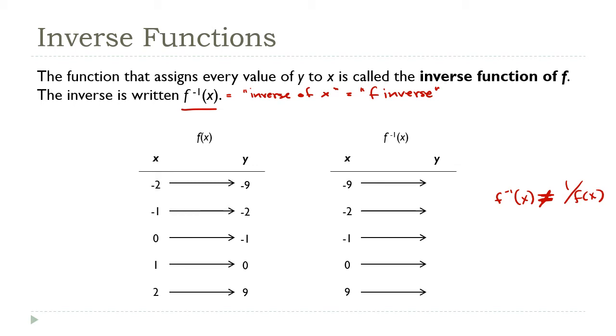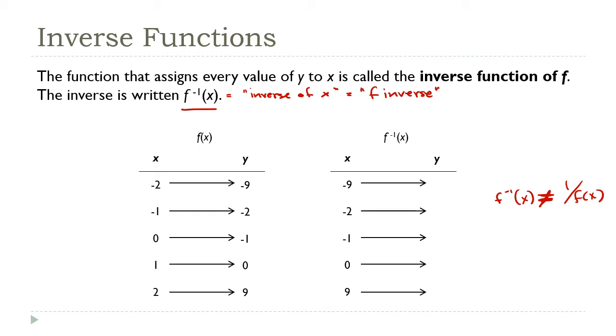All right, so let's see how this works with some numbers. I have a function here. Again, we'll do some with formulas in a little bit. We're going to get to that. But for now, just to keep things down to an easy to work with scale, I'm doing these with these tables. So the original function f assigns -2 to -9, -1 to -2, and so on. So my question here is, what does the inverse function do?